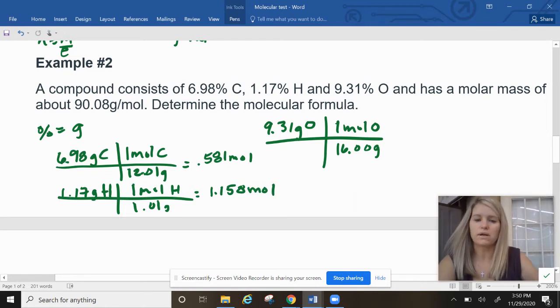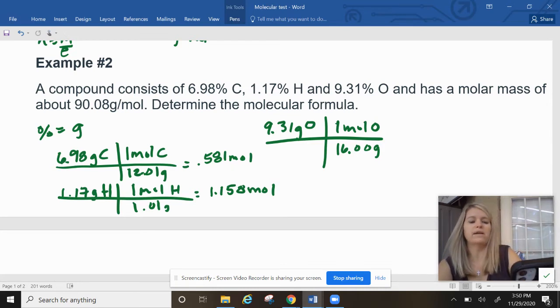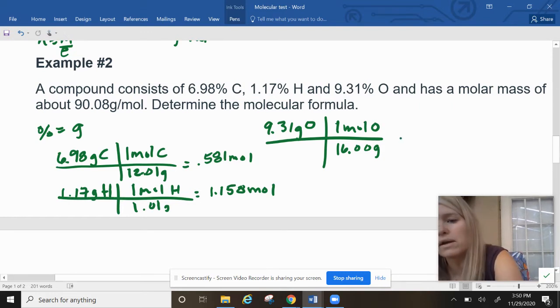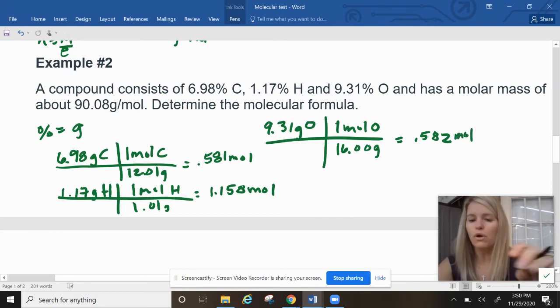Okay, and let's do this guy. It's going to be 0.5, but let's see what specifically. 9.31 divided by 16 is 0.5819, so 0.582.